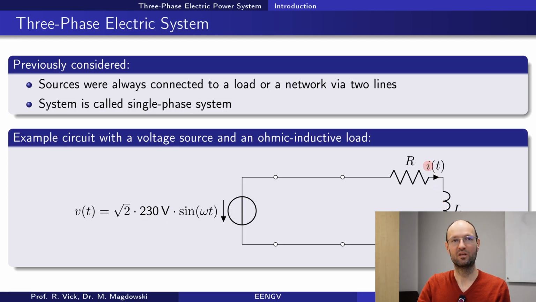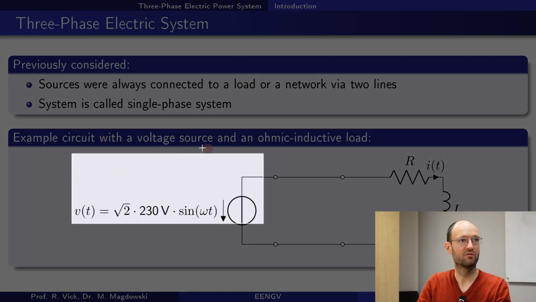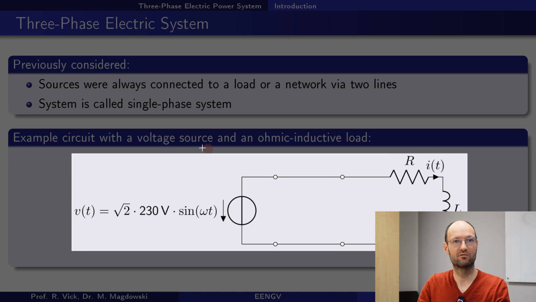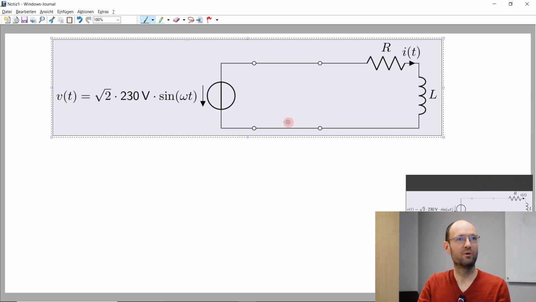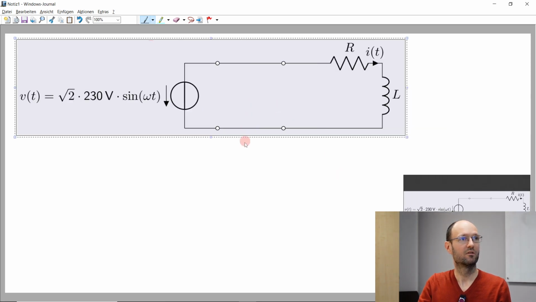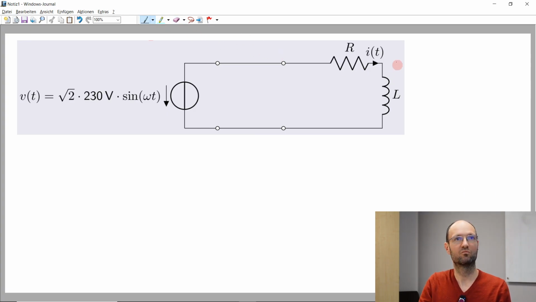And if we want to calculate the current in this case, how would we calculate the current? If I copy this and paste it into my drawing program, just to do a quick recap, how would we calculate the current here? V over R. Yeah.